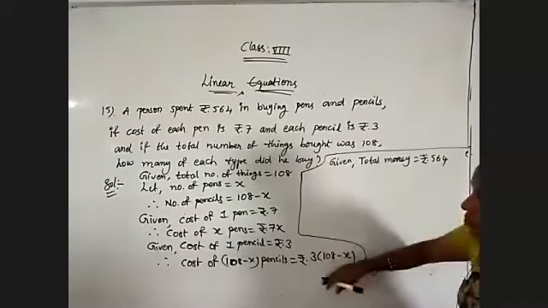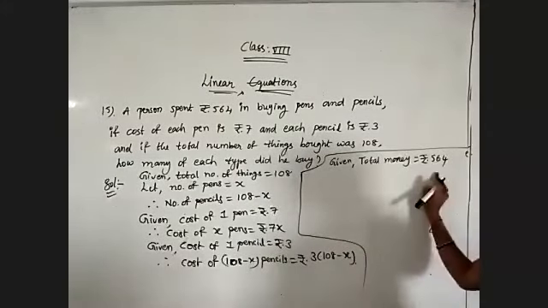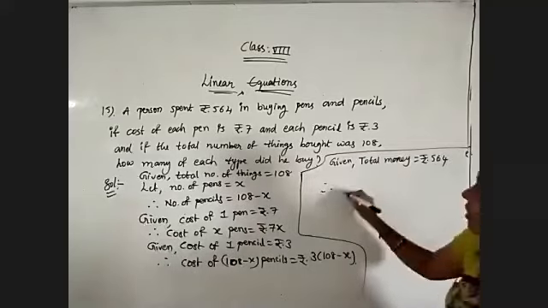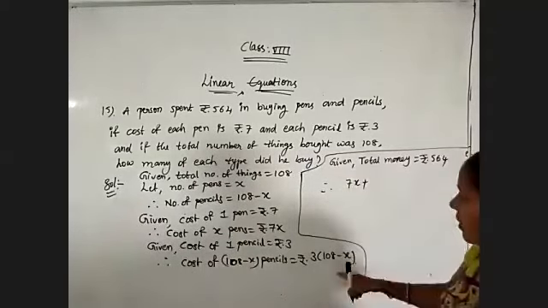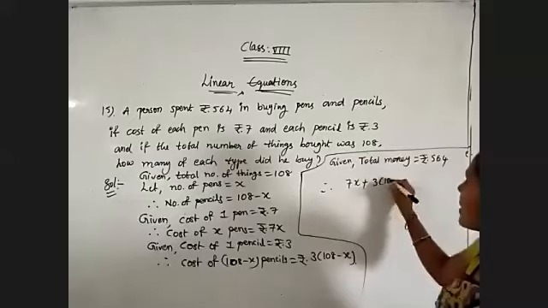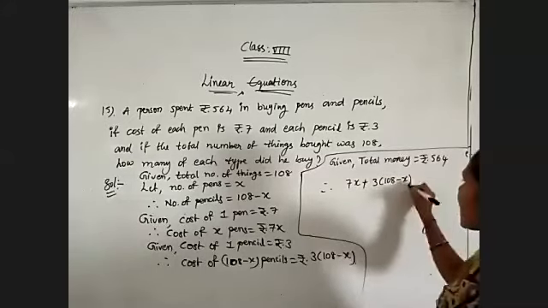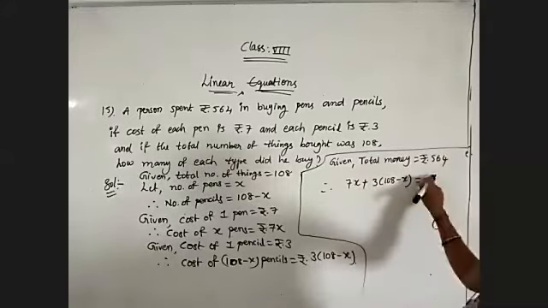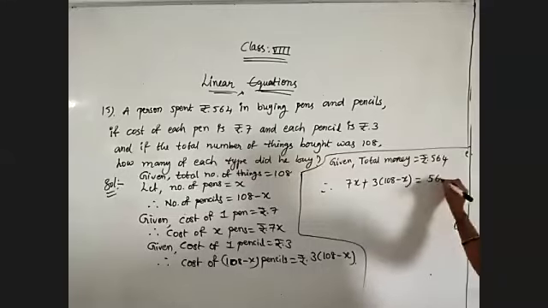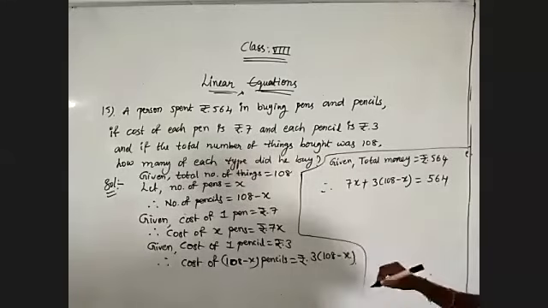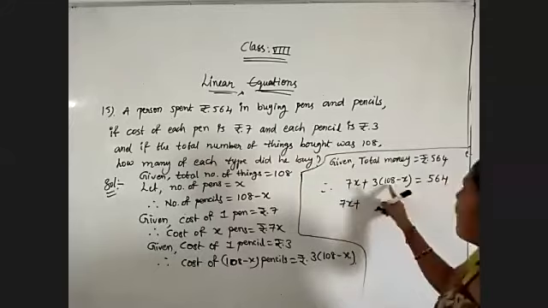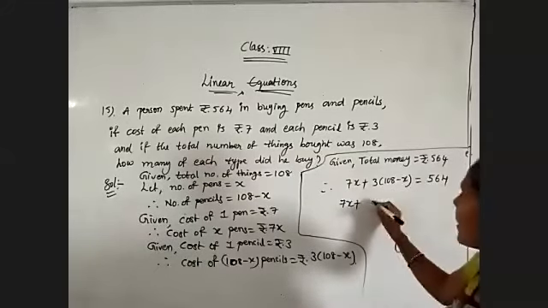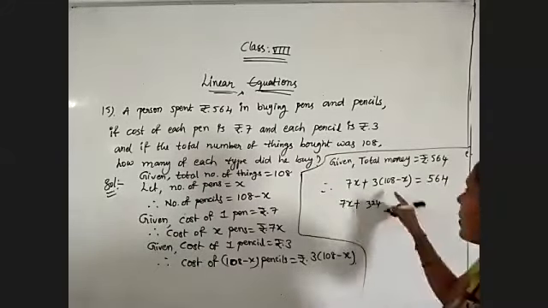So sum of these two will give us 564 rupees. Therefore, cost of pens 7x plus cost of pencils 3 into 108 minus x will give us complete money, that is 564.